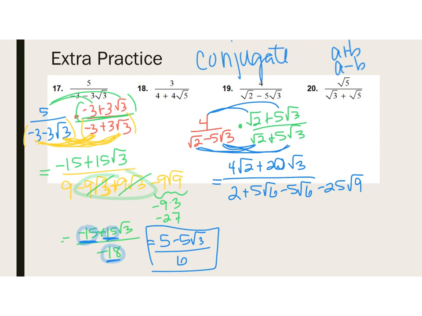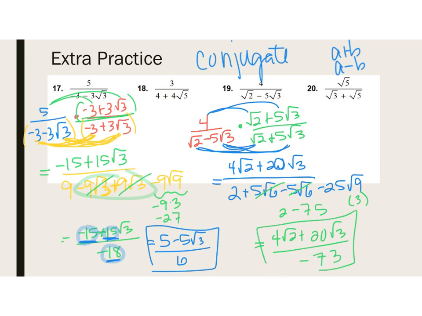Now at any time, as you're multiplying conjugates, you can say, hey, I know the middle terms are going to cancel. I don't actually need to write those down. And we can go ahead and make this a 3 over here if you want. So we have 2 minus 75. So on the top you have 4 square root of 2 plus 20 square root of 3 over negative 73. And I don't believe anything there is going to reduce. You just leave it just like that.